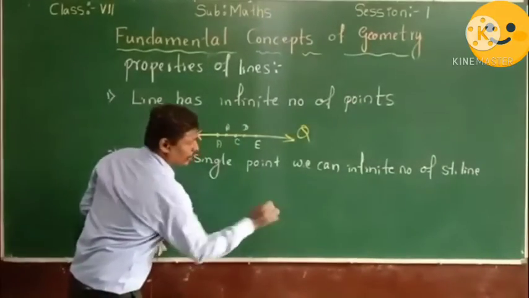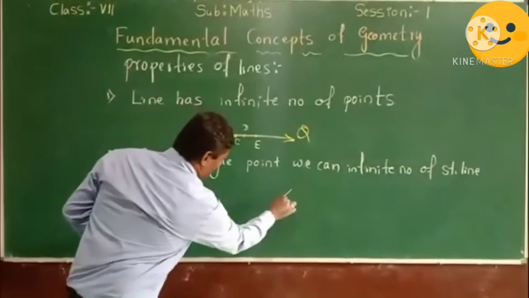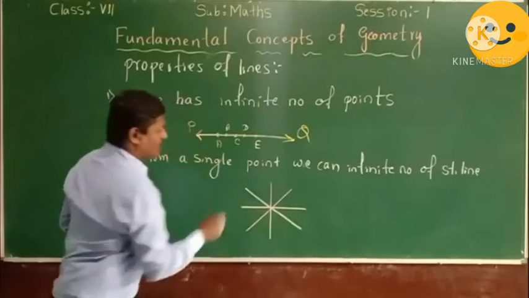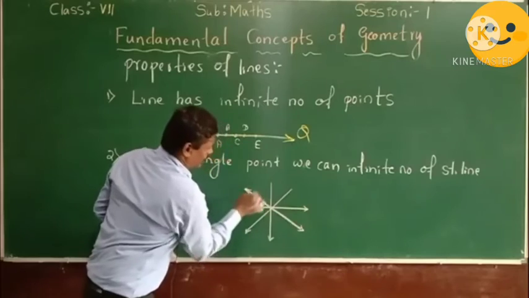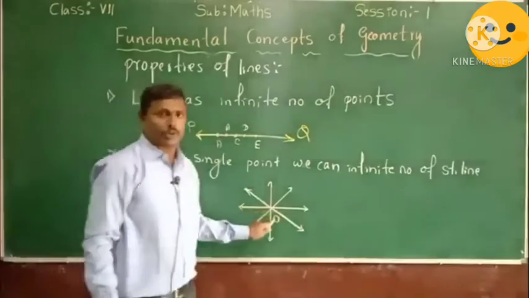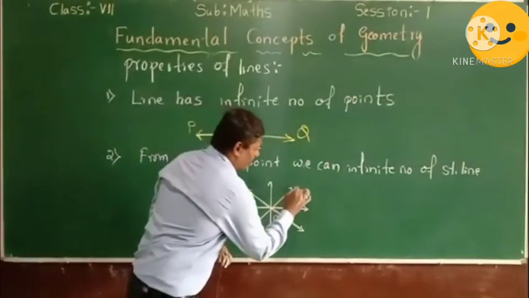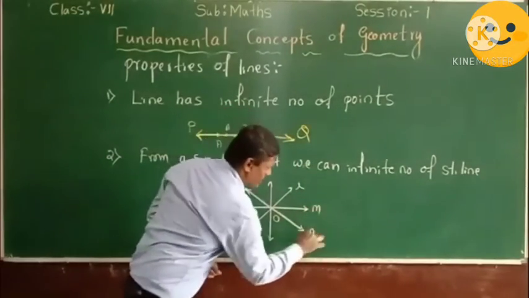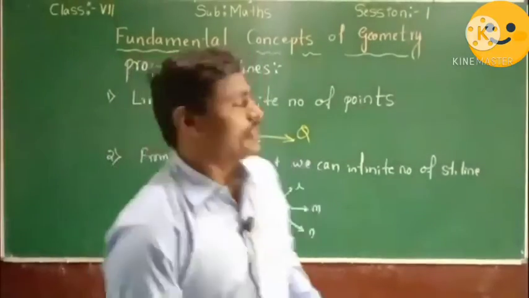So this is a point, just consider it as a fixed point. From this point we can draw infinite number of lines. So these are the lines drawn from one particular point. That point is point O. O is a fixed point. From this point we draw infinite number of lines: first one line L, line M, line N. Like this we can draw infinite number of lines.